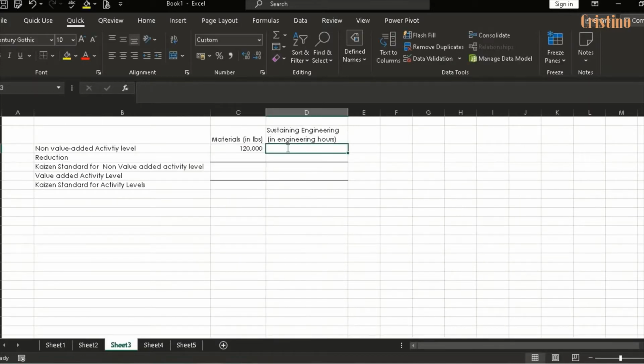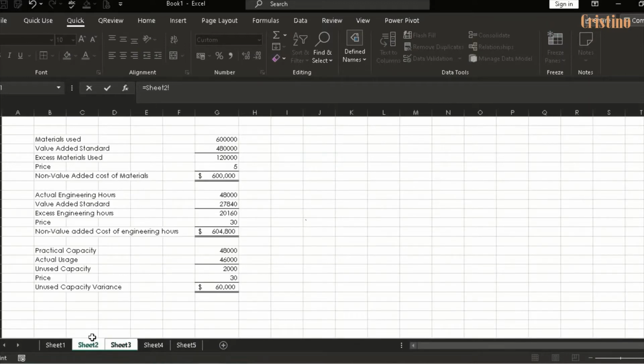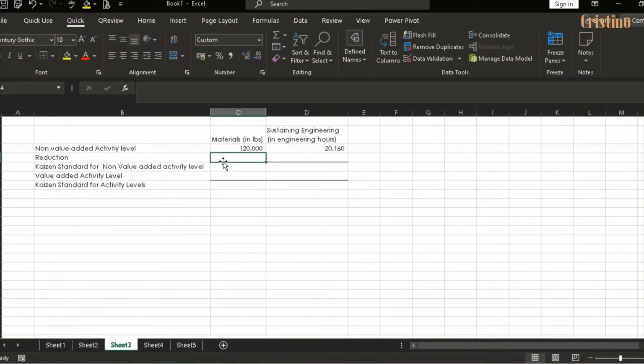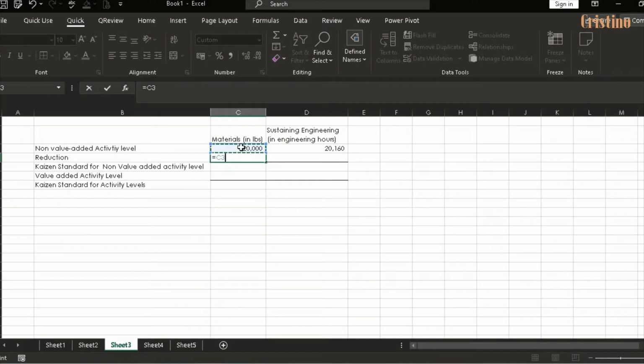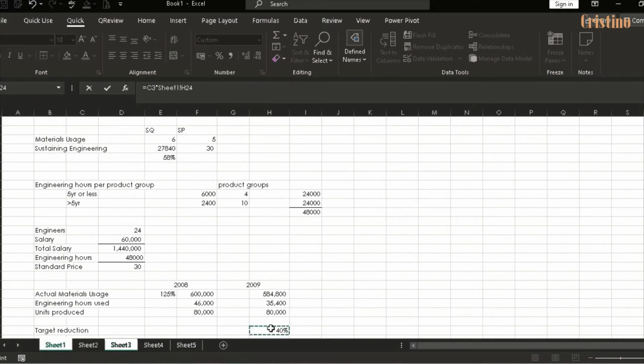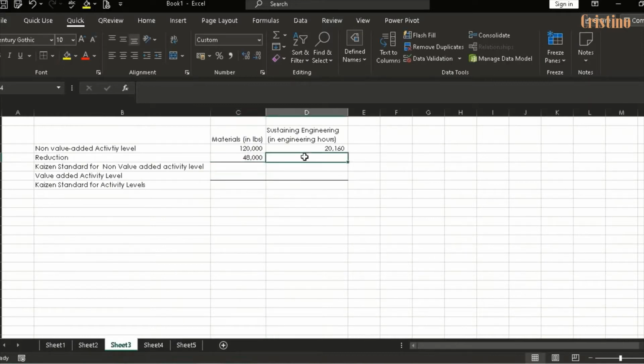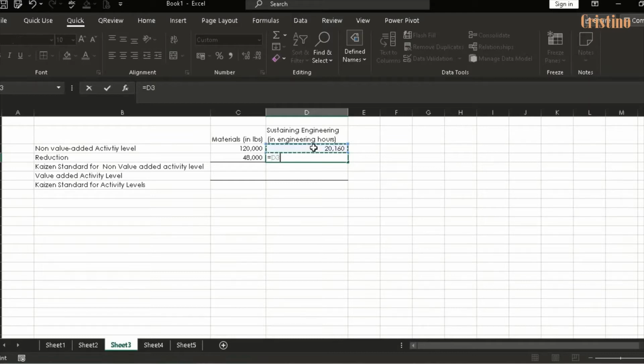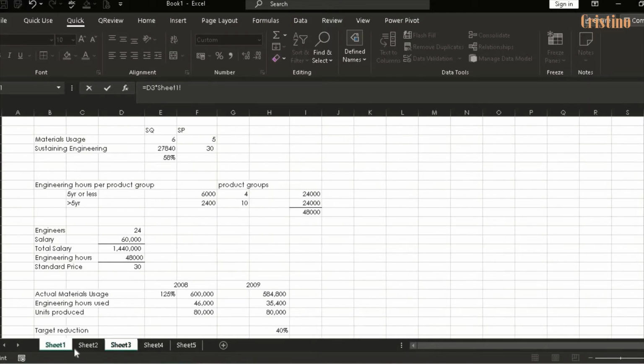For sustaining engineering, it is 20,160. To calculate the reduction, we're going to multiply the figures above by the rate of 40%. So 120,000 multiplied by 40%, which is the target reduction. For sustaining engineering, it is the non-value added activity level, 20,160, multiplied by the target reduction of 40%.